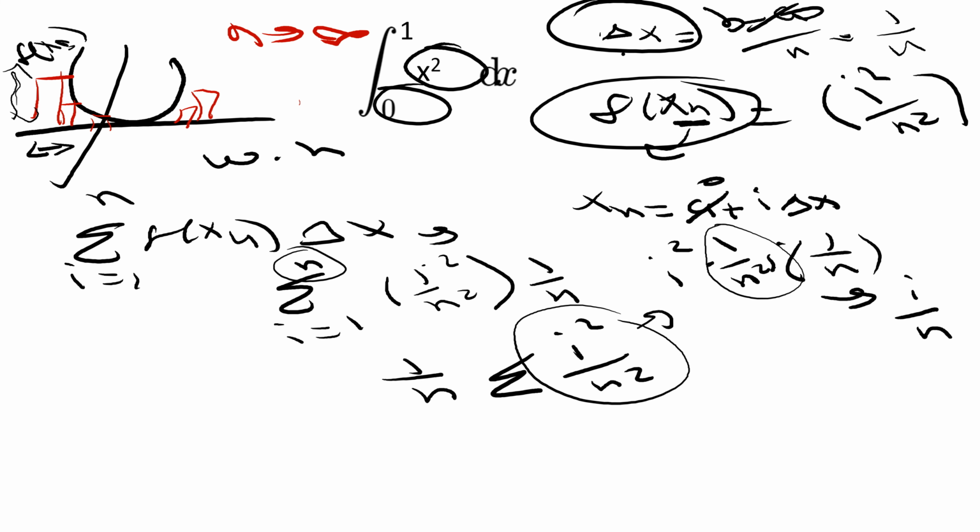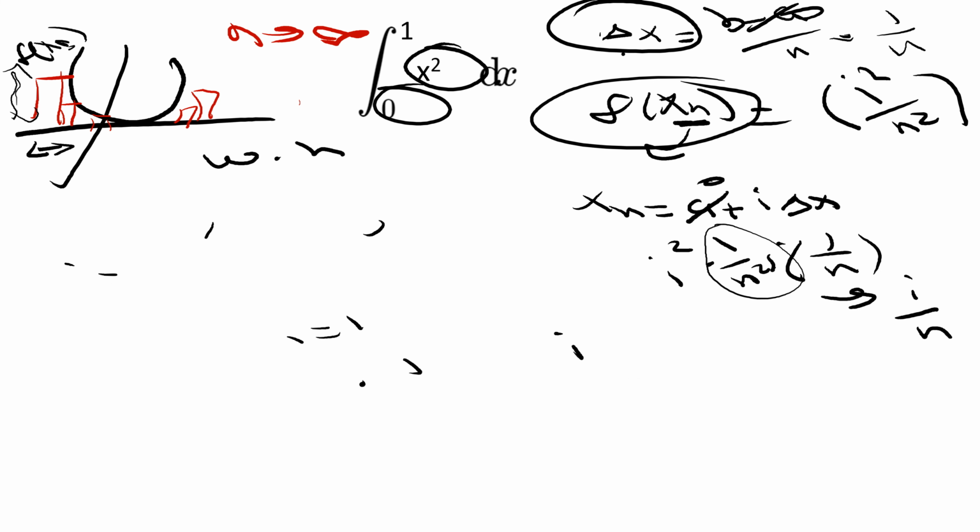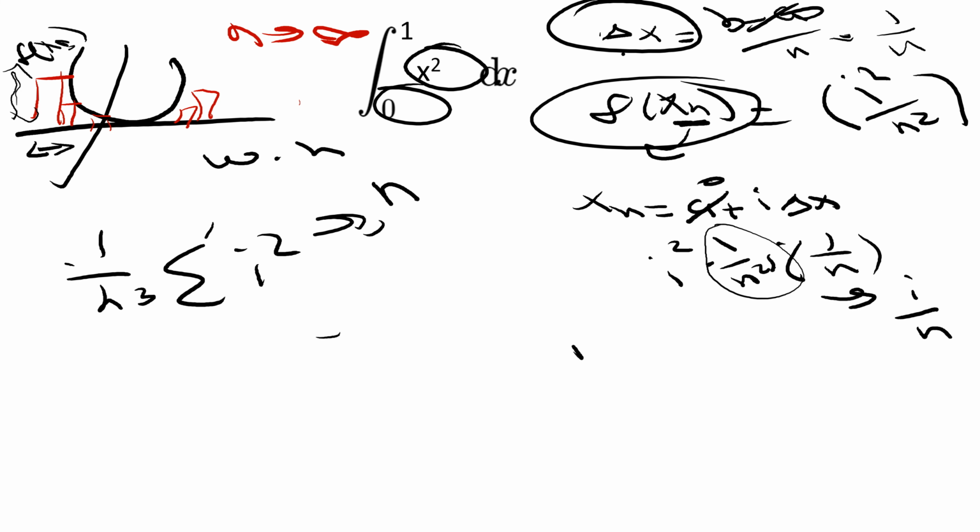So we get 1 over 3, summation of i squared. And the summation of i squared equals n times n plus 1 times 2n plus 1 divided by 6. So I can replace this for i squared.